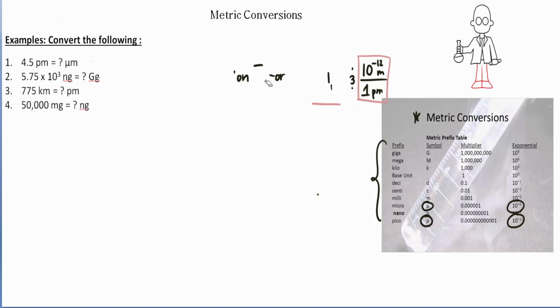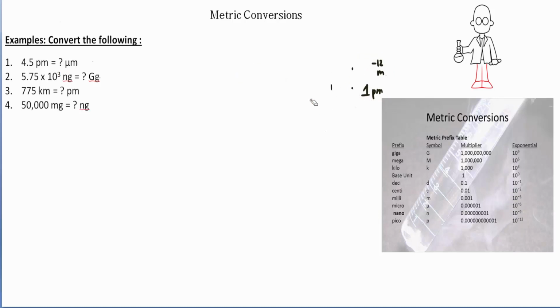Now, let's look at the second example. The second example involves a unit that already has an exponential, and you should not be confused by that. So we have 5.75 times 10 to the third nanograms, and that's equal to how many gigagrams?